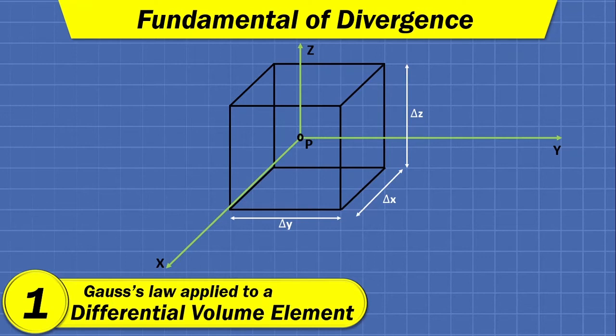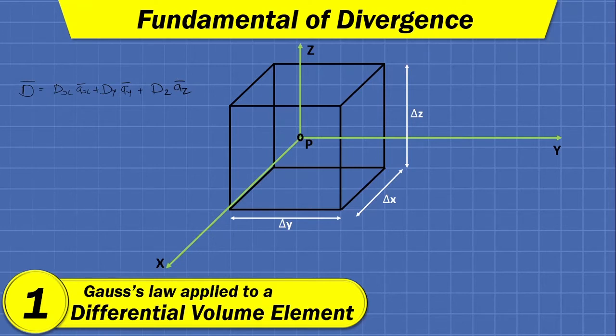So there is a small differential volume element with sides delta x, delta y and delta z in their respective directions. Point P is the center of our differential volume element, as well as the origin of our Cartesian coordinate system. Secondly, we are considering that the flux density D bar is defined as Dx ax bar plus Dy ay bar plus Dz az bar in three-dimensional space.